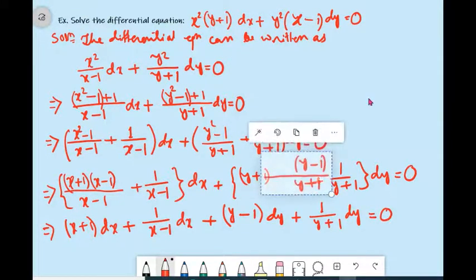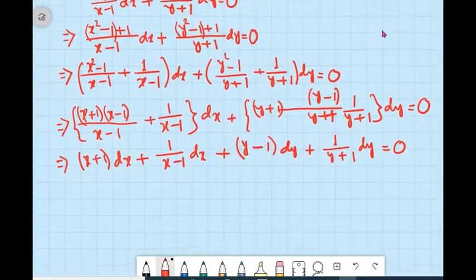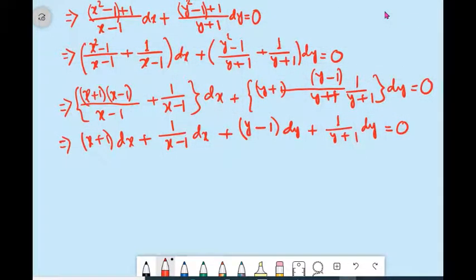Let us create some space. So again we'll write integrating. Now it is integrable.